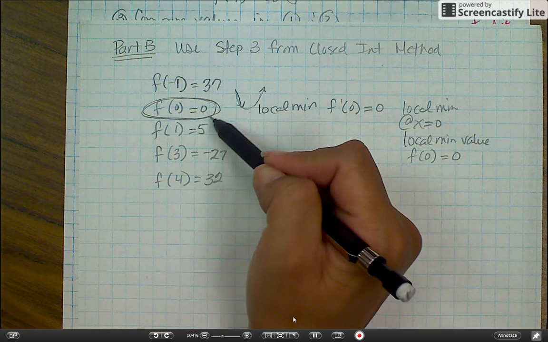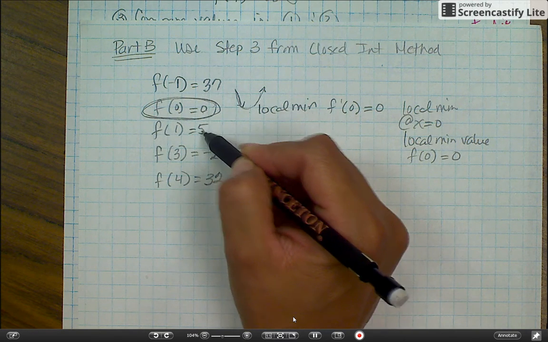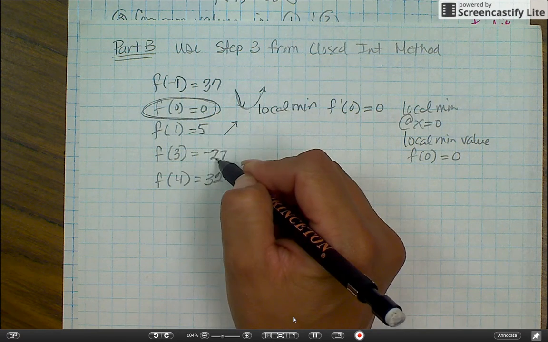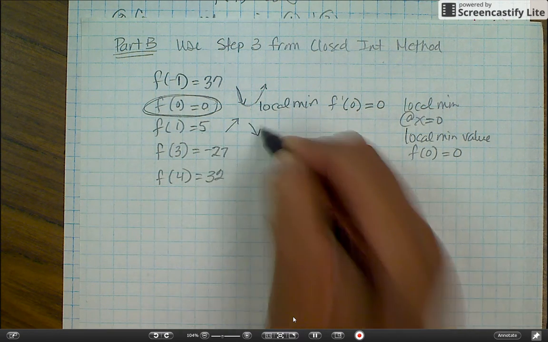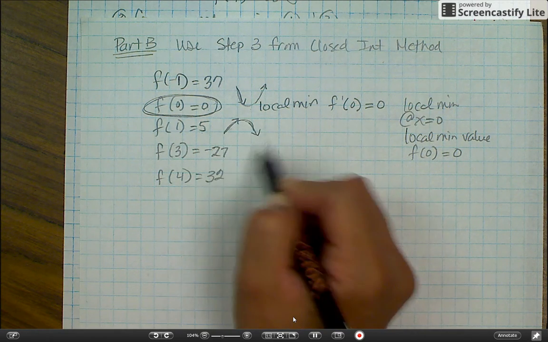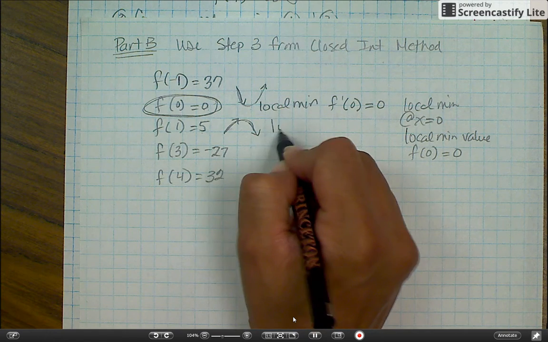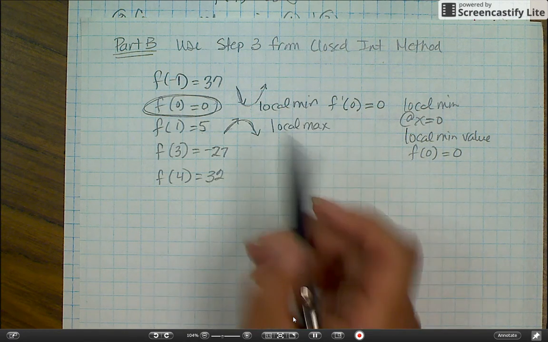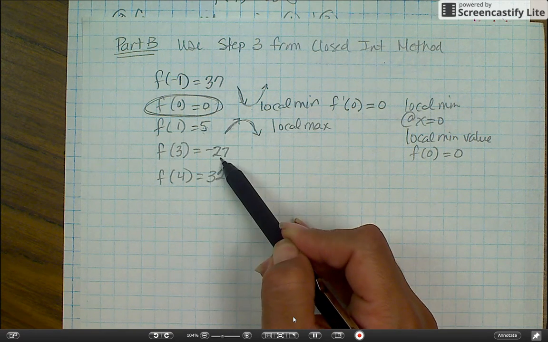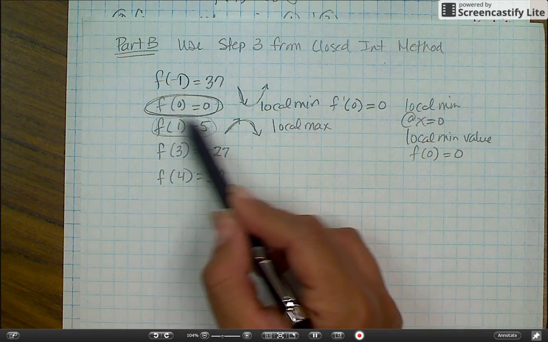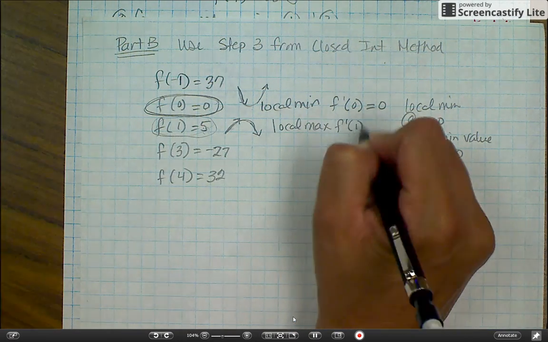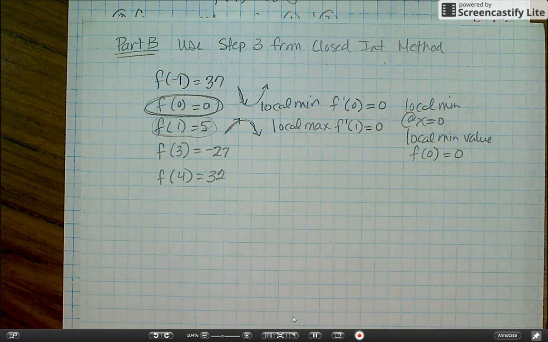Now, as I continue on, from 0 to 5, the function went up. And then 5 to negative 27, the function went down. So it created a curve like this, which means that it's a local maximum. So what is in the middle? This part right here. We also know that f prime of 1 is equal to 0.